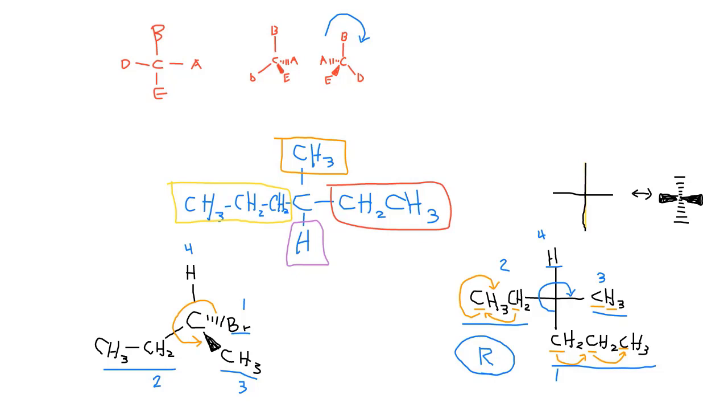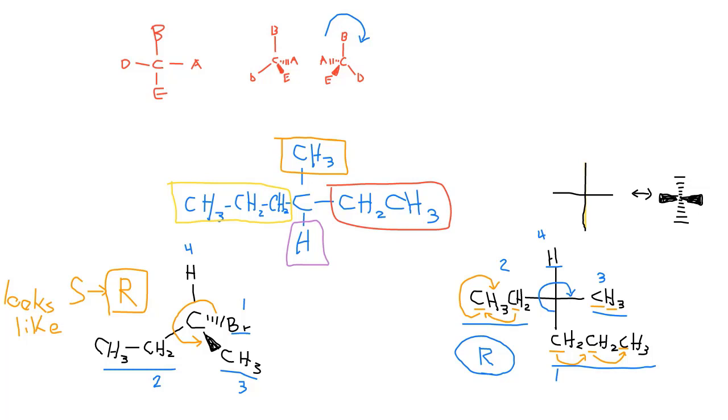It looks like it would be S, but in fact, this is R. It looks like S, but because the lowest priority group is not in the back, I have to flip it to R. So it looks like S but it's going to flip to R. So that's a nice little shortcut if you don't want to try to manipulate these molecules in your head.